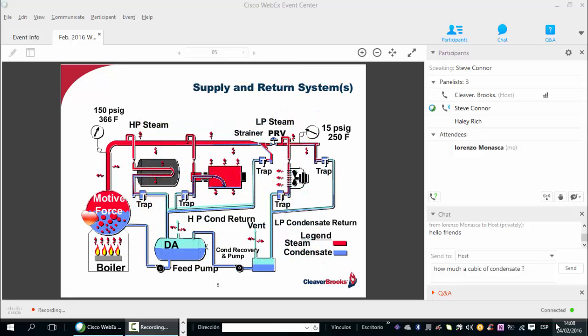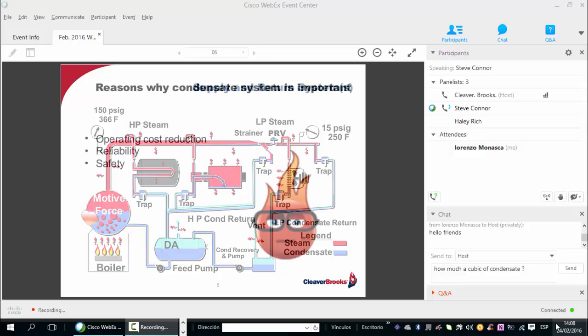So now I guess it gets to the question of, why is understanding the condensate return system so important? I mean, why not just waste it? Waste the condensate and save all the piping and the component costs.